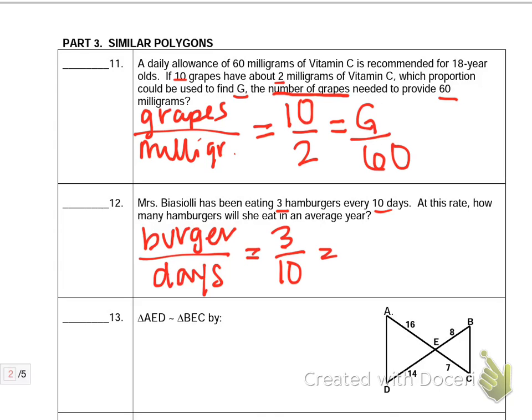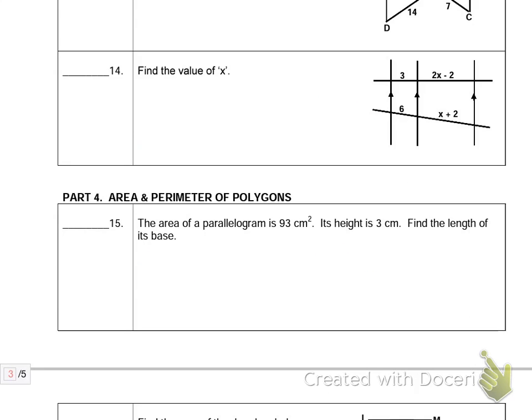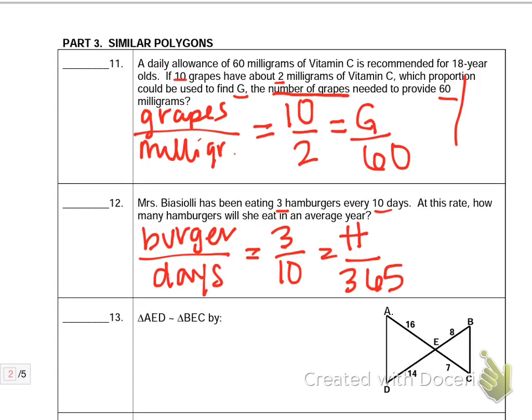So our number of burgers still goes on the top. We don't know. That's what we're trying to find out. And then an average year, we calculate how many days are there in a year, which there are 365. Okay, and after that, we're just going to cross multiply and solve for H. Sorry, number 13 we still have to do.